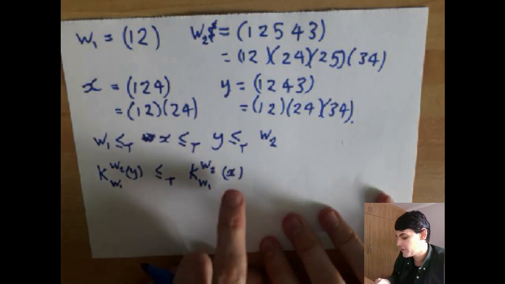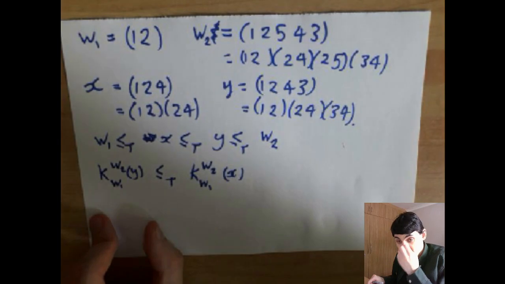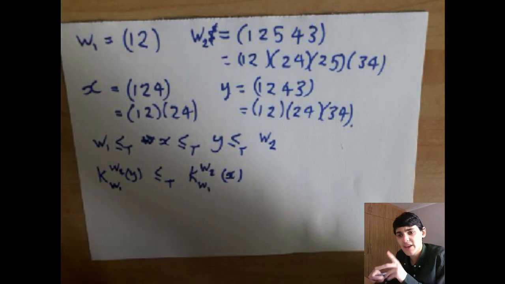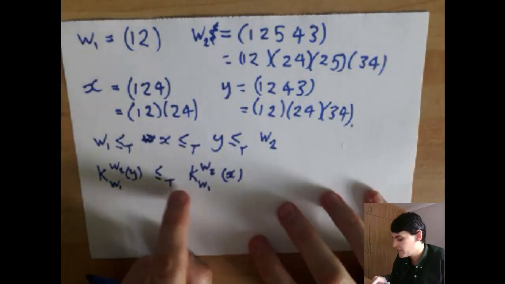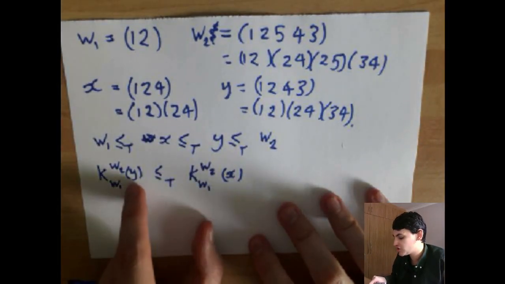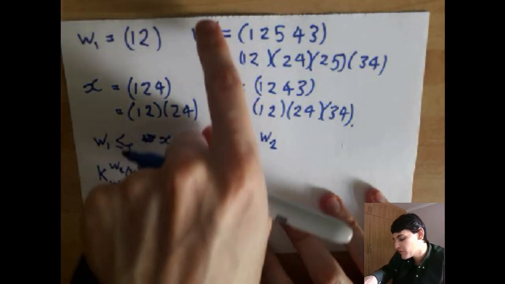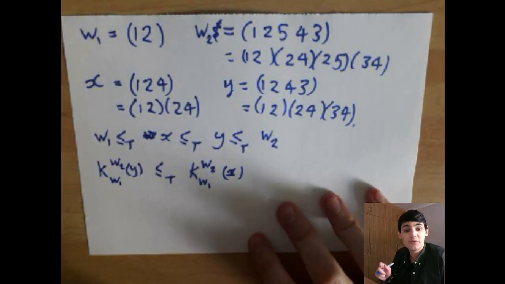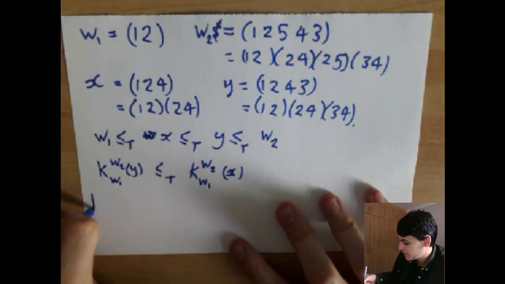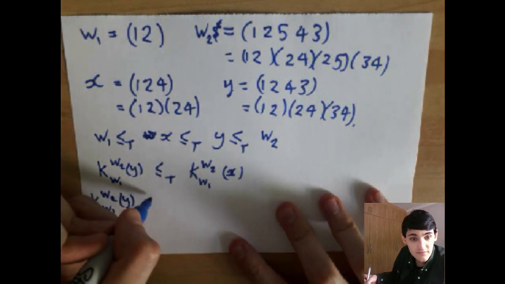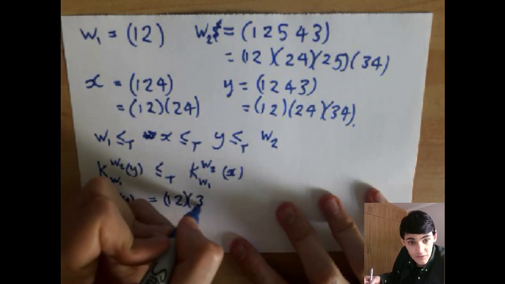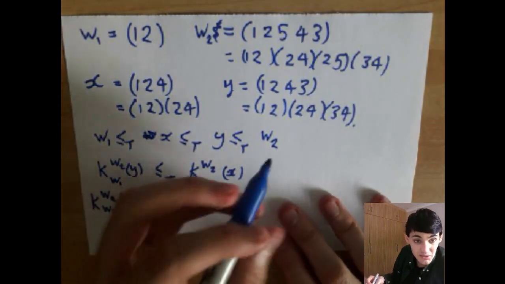In the definition of this property that we were looking at, I had the x's and y's in a different place. This is the same thing, just reworked a bit to work nicer with the elements we're dealing with here. So first of all we get K W1 W2 of Y, and that is equal to 1 2 3 4. I might speed this bit up.